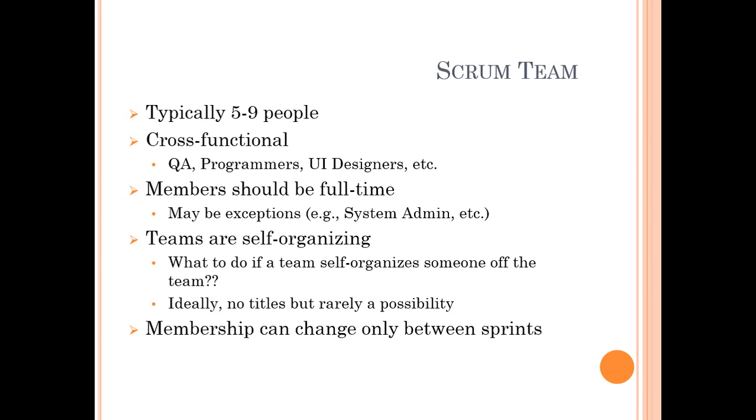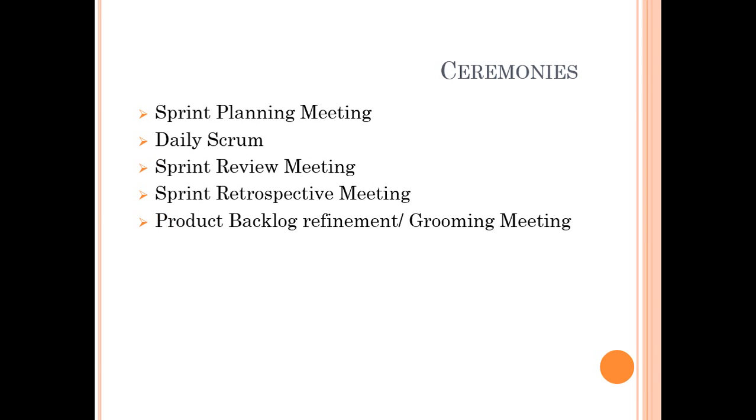There is a term called velocity, and it depends on the availability and number of people involved in a product team. These are ceremonies as we discussed: sprint planning, daily scrum, sprint review meeting, retrospective, and there is one more ceremony or meeting: product backlog refinement or grooming session.